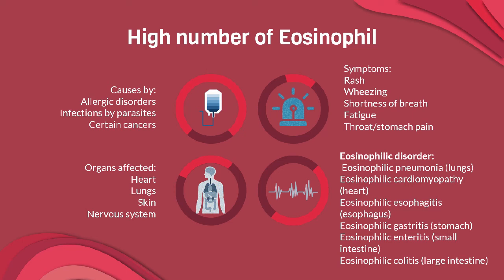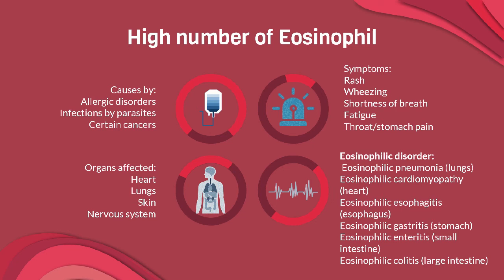However, sometimes, particularly when the number of eosinophils is very high, the increased number of eosinophils inflame tissues and cause organ damage. The heart, lungs, skin, and nervous system are most often affected, but any organ can be damaged. Symptoms are related to the organ affected.